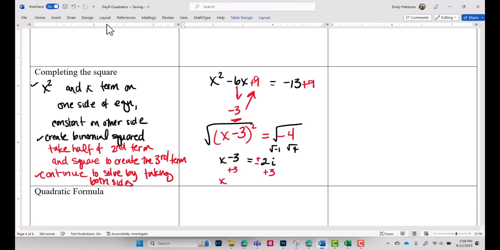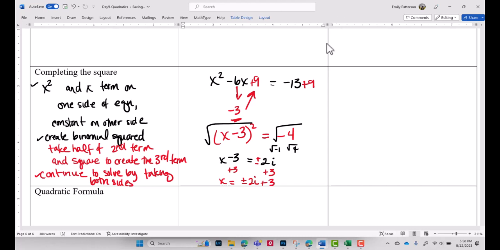So my answer to that particular equation is 3 plus or minus 2i. Gotta make sure to make my i look like an i. And that's going to be our final answer.